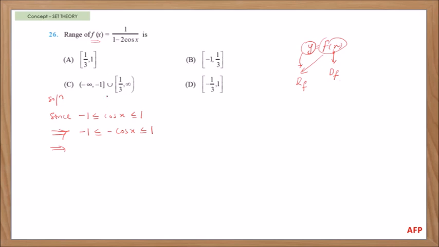Next, you get plus 1. If you add or subtract anything, the sign of the inequality does not change. Add 1 here. So this indicates minus 1.